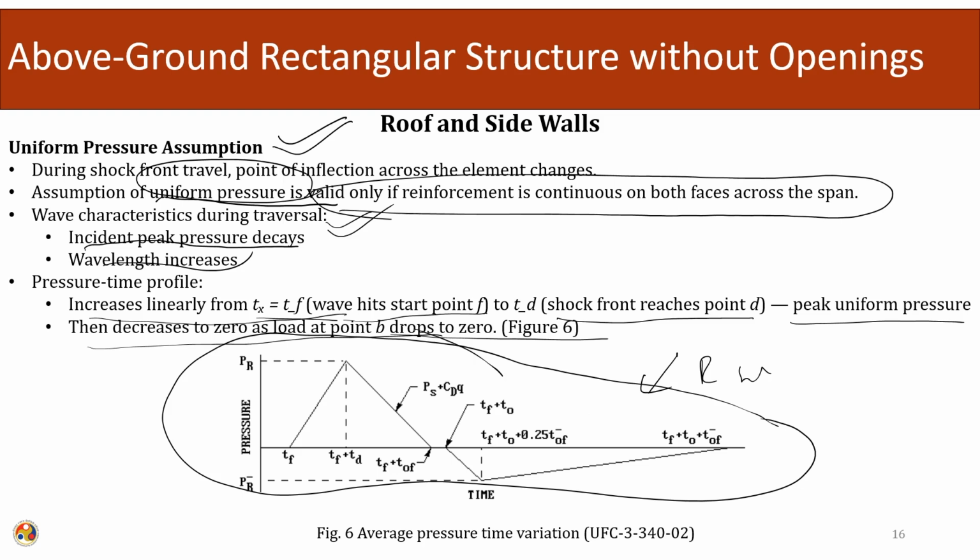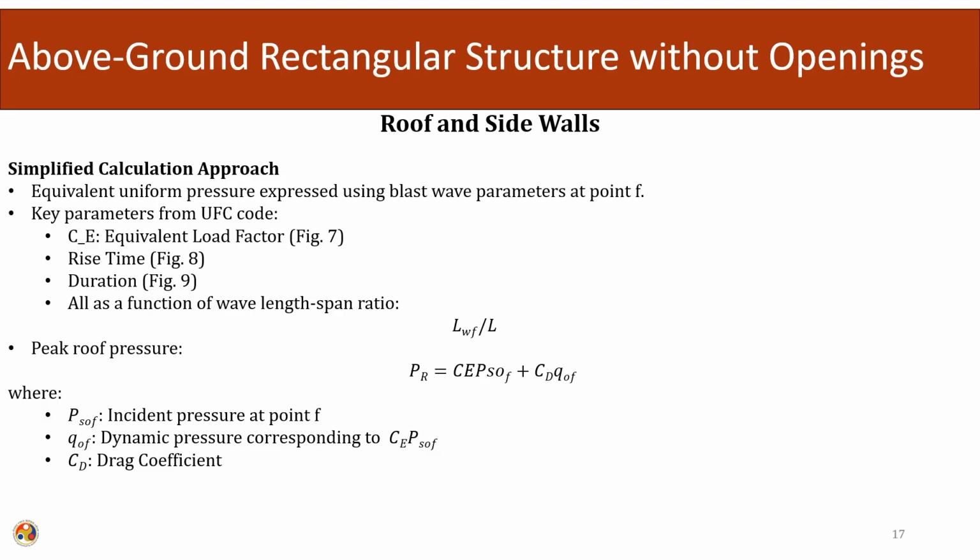This is the signature of the blast pressure, and this signature will be used to calculate the forces on the roof and the side walls. We use a simplified calculation approach. We assume an equivalent uniform pressure, and this is expressed using the blast wave parameters.